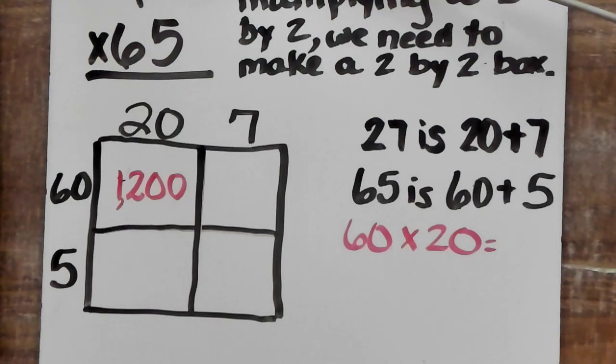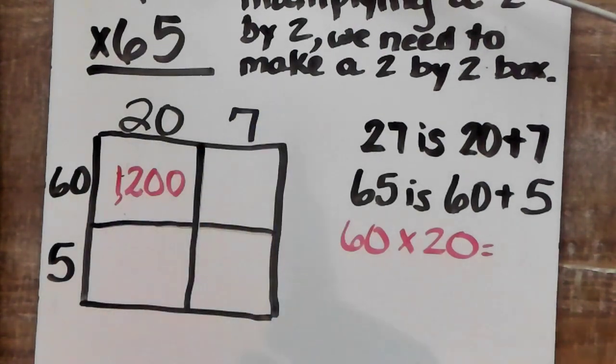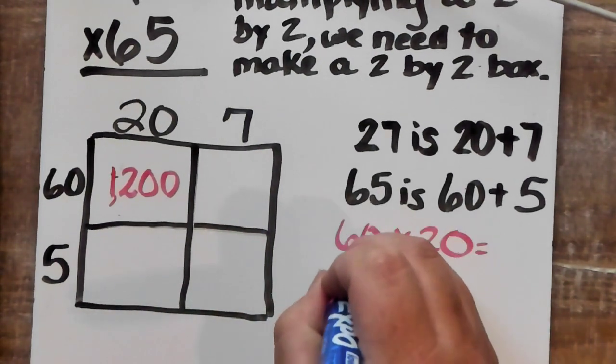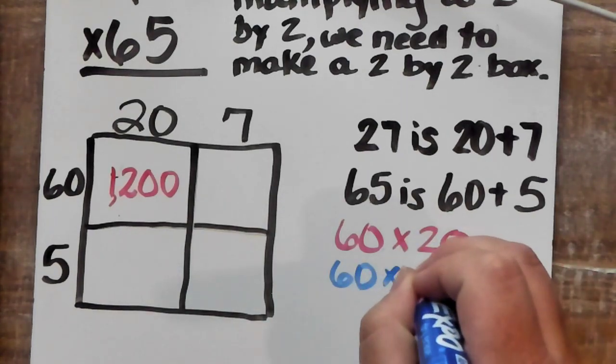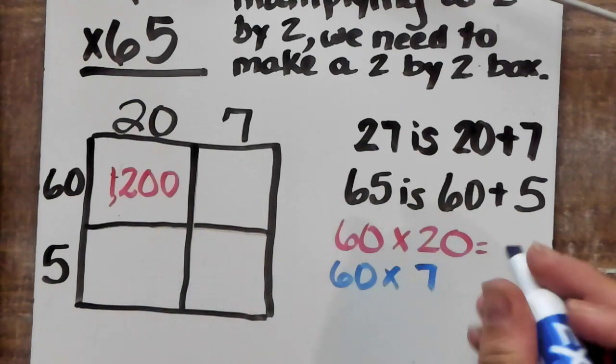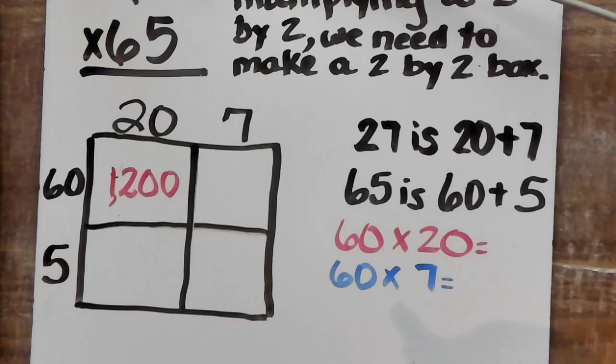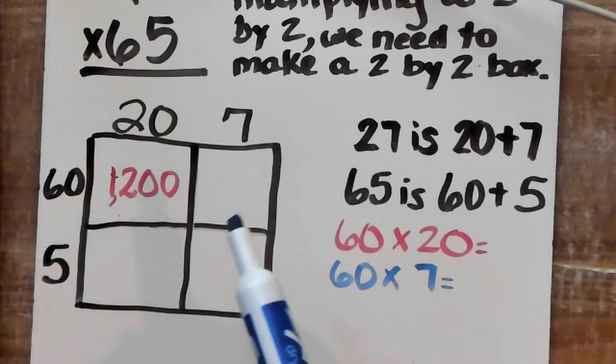Okay? The next box we'll multiply will be the 60 times the 7. I'm going to write it in blue just to help you guys see it all. Okay? Again, let's do it the easy way.